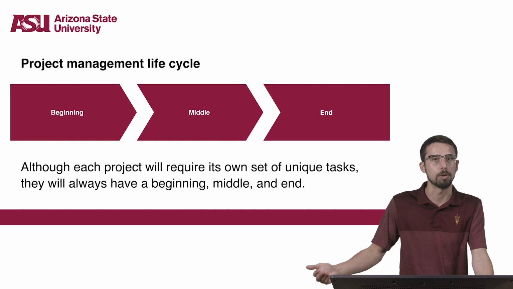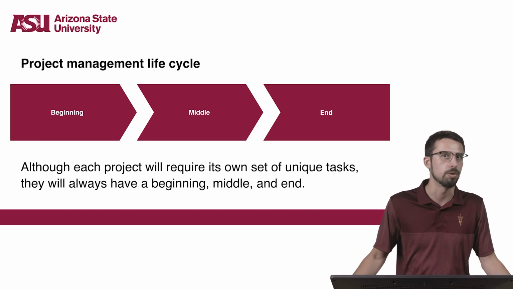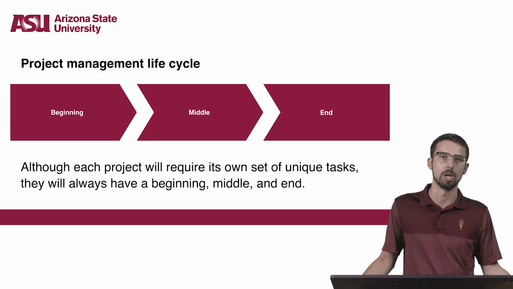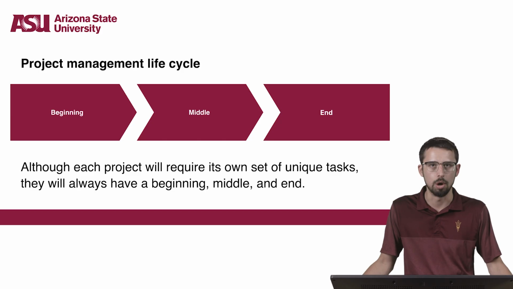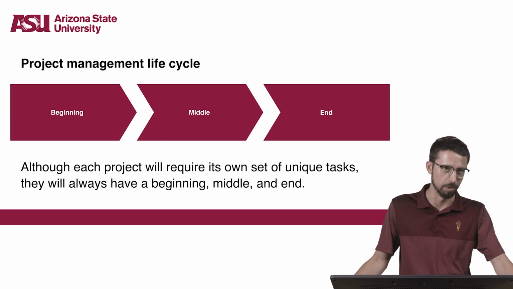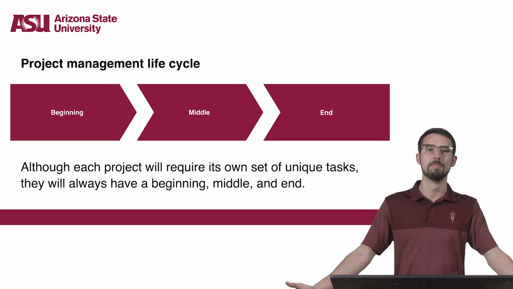Although each project will require its own set of unique tasks and many times its own unique phase names and definitions, they all follow a similar framework. There's always a beginning, there is always a middle, and there is always an end. This is called the project management lifecycle.